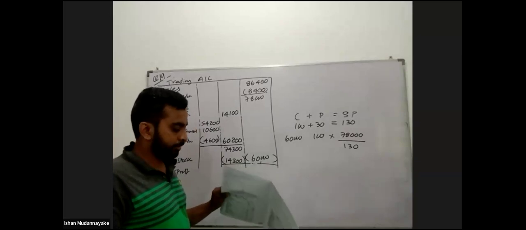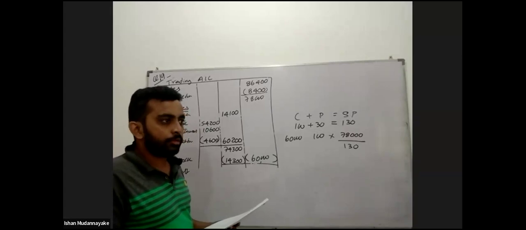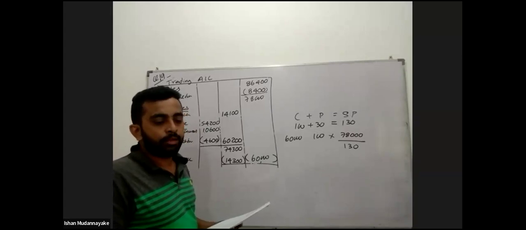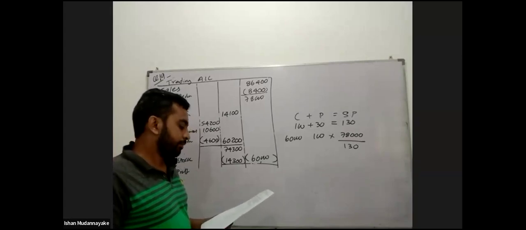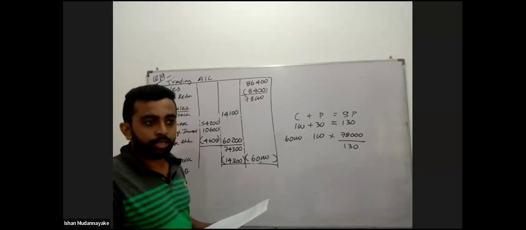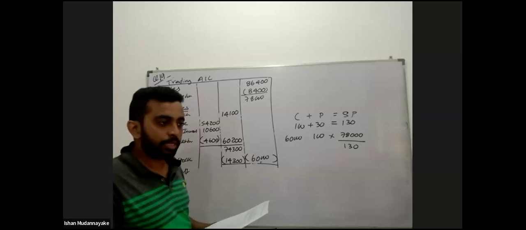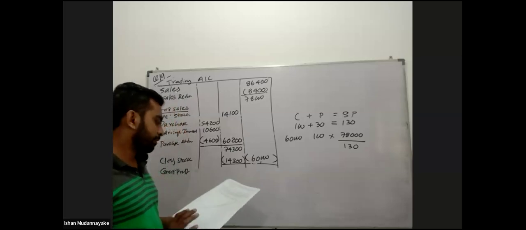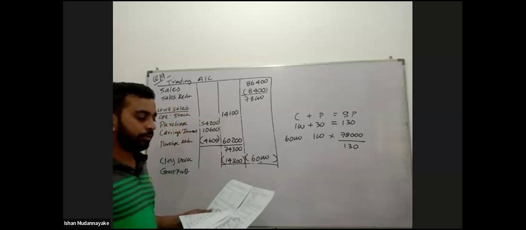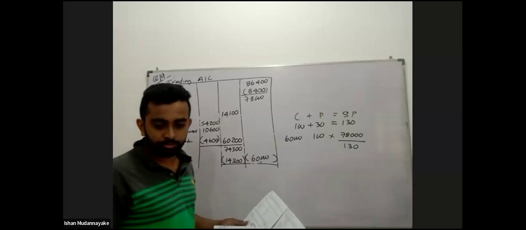Once we complete the second tute, we can quickly move into other lessons: manufacturing accounting, income records, and then non-profit organization and partnership. Then we can speed up the class. But we need to spend some time with the second tute.